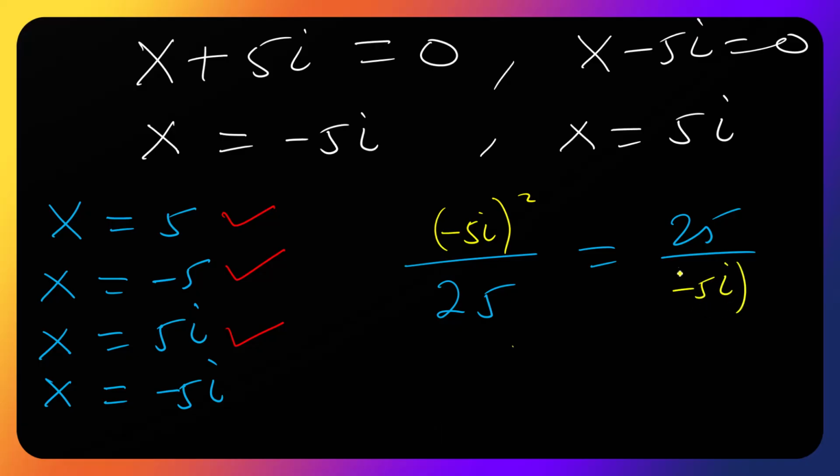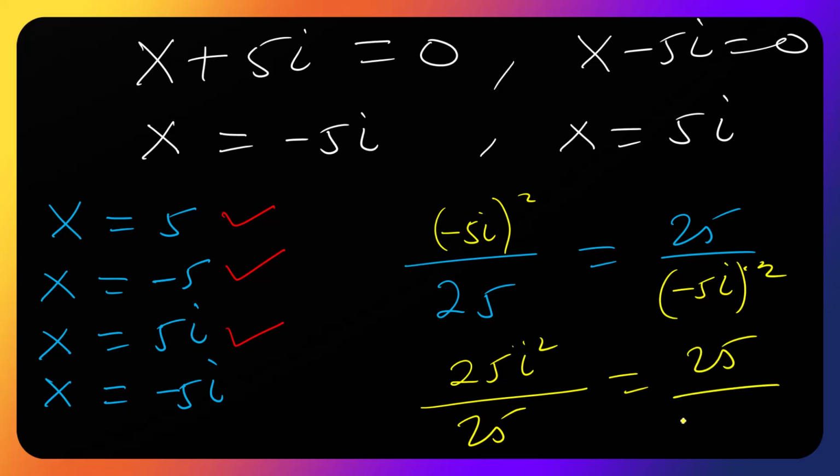Squaring a negative will be positive, so that will be 25 i squared on 25 equals 25 on 25 i squared. And indeed, we are back to the 5i's, whereby this side is negative 1. So that will be minus 25 on 25 equals 25 on minus 25, which are the same.